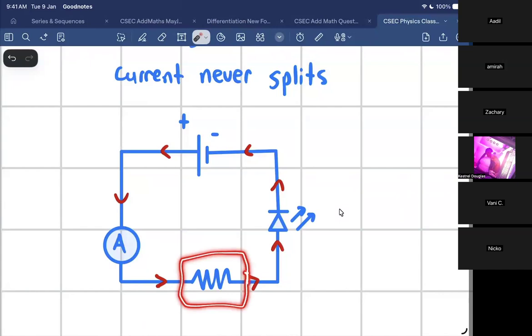Anybody want to tell Adil what this is? A resistor. Right. Adil, this is our resistor, and our resistor resists the flow of current. Think of current just like water flowing through a hose. Sometimes you'll see me draw a rectangle instead. That's also a resistor.